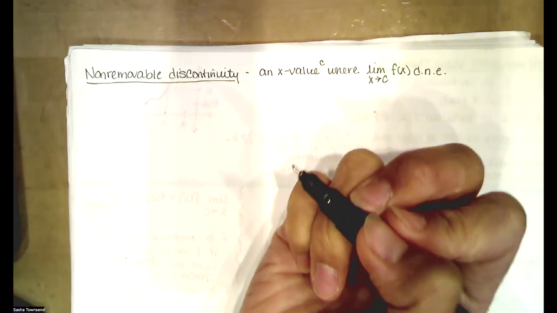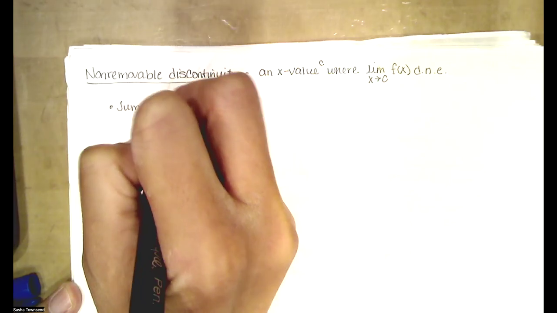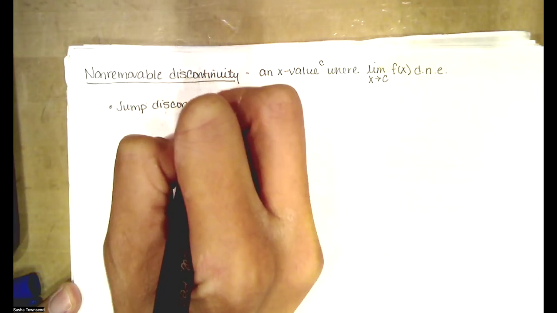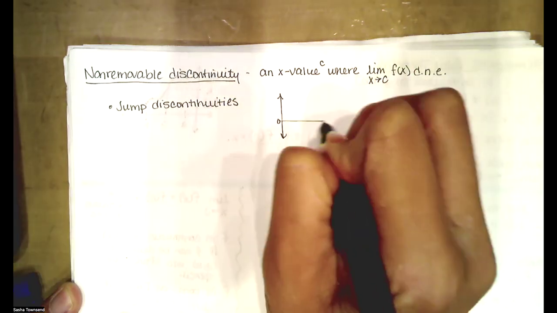And there were 3 types of non-removable discontinuities. Jump discontinuities. That's where the limit from the left and the limit from the right are different from each other.